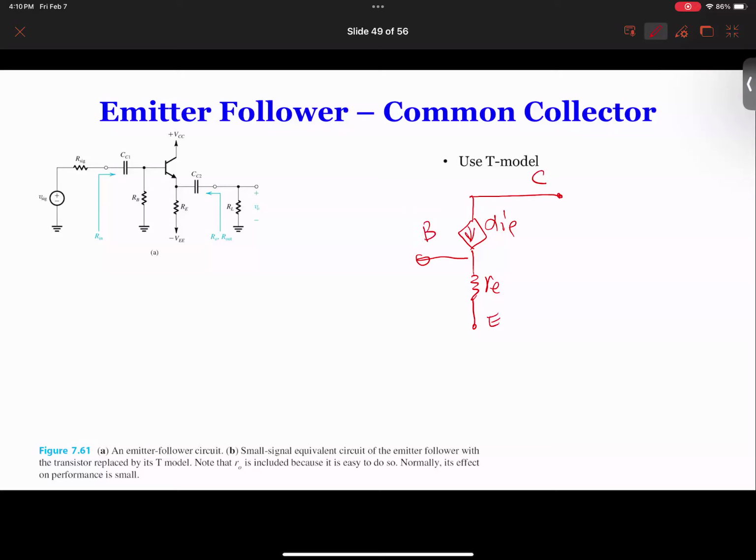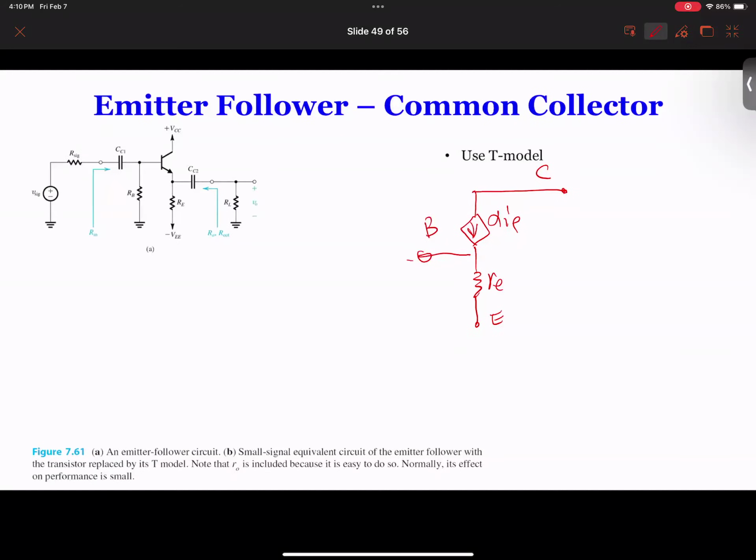For the T model now, we need to identify again what is connected to the base, what is connected to the emitter, and what is connected to the collector. So look at this circuit. What is connected to the base? We have RB connected to ground, from base to ground. And then we also have C as a short circuit, so now we have RC connected to the input source. So therefore, we would connect two things to the base.